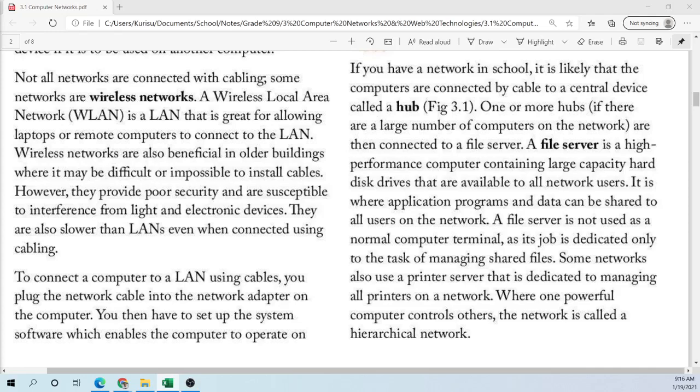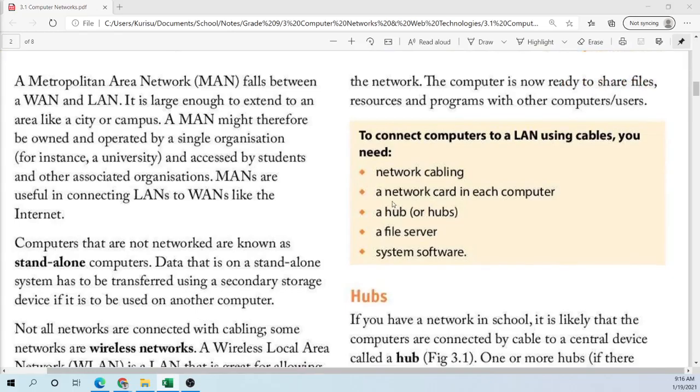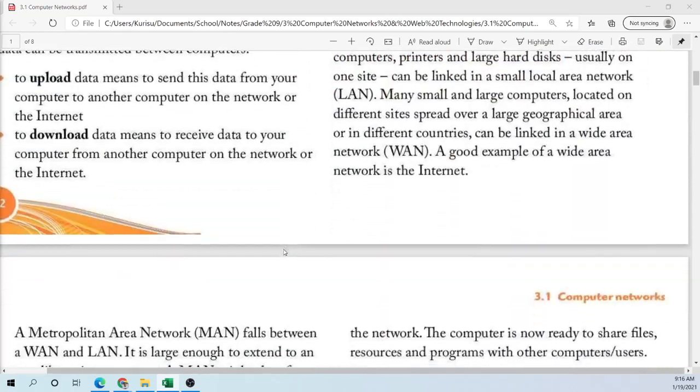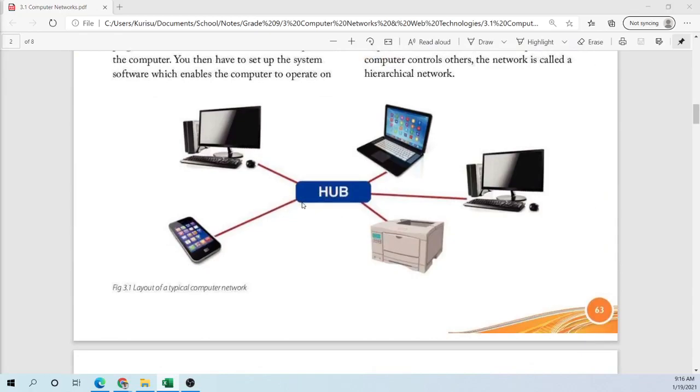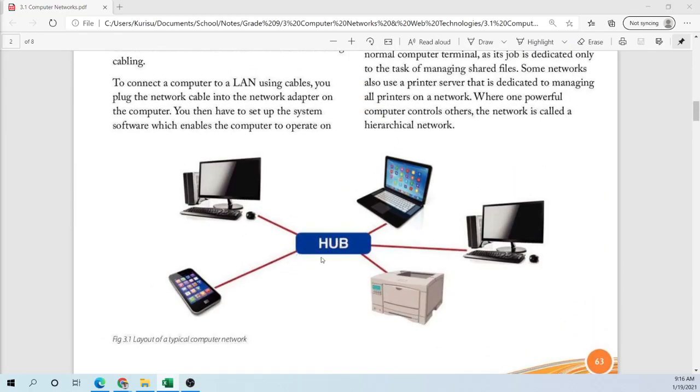So you have a network and you have cables, and those cables are plugged into this hub device. I think we should have a diagram somewhere. Yeah, like this diagram here. So the hub is like a central device, and the cables are all connected to this hub, and all the devices are connected to the hub, and that hub now is connected to either your modem or your router, so that they can have maybe internet connection and so on.